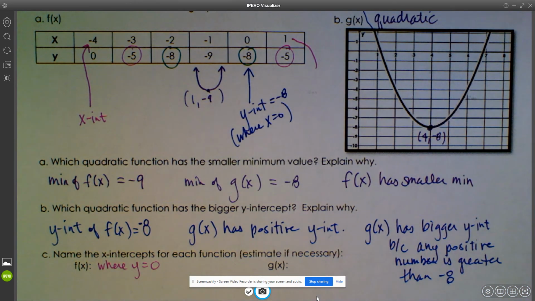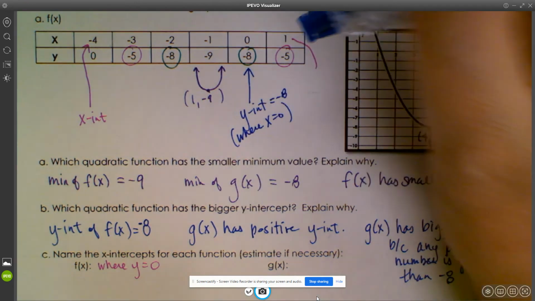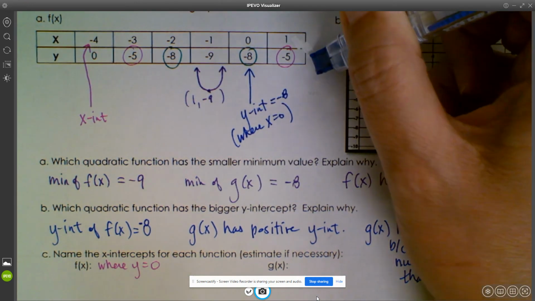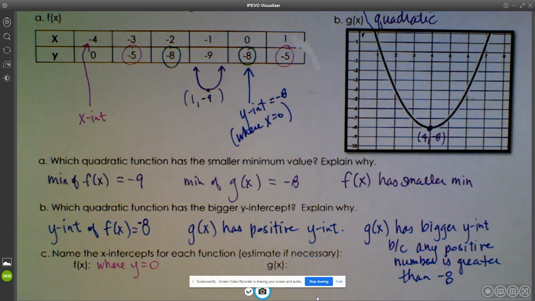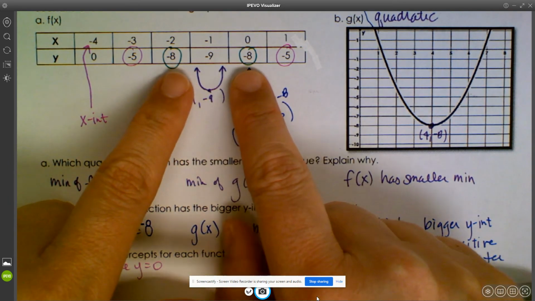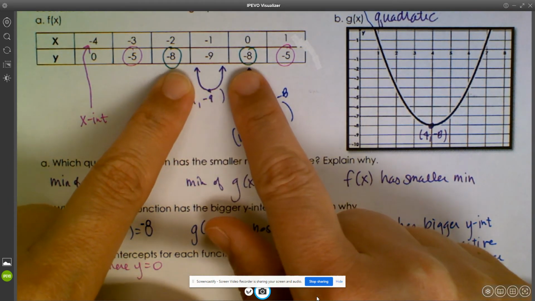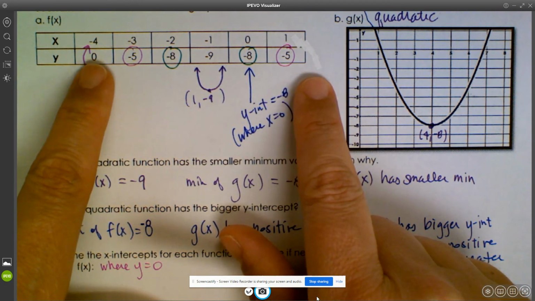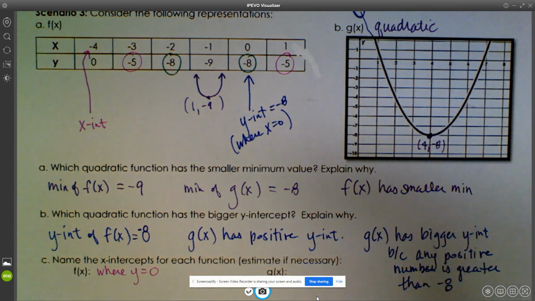I do not see where we get 0 anywhere else. But I do notice something. If I follow this pattern, we've got -9, and the two numbers surrounding it are -8. The two numbers surrounding those are -5. So the next two numbers are 0. So this one should be 0.